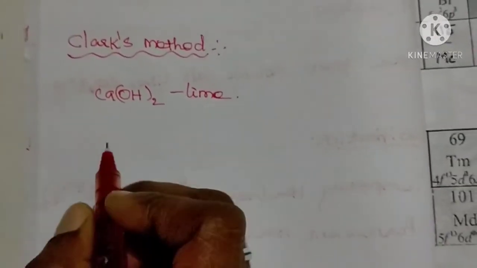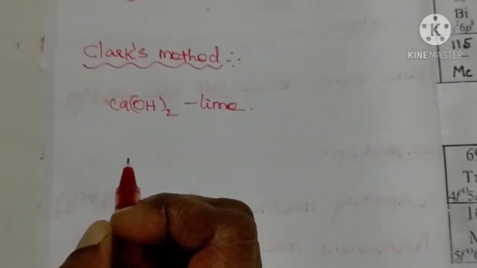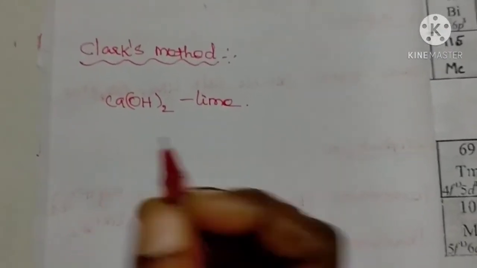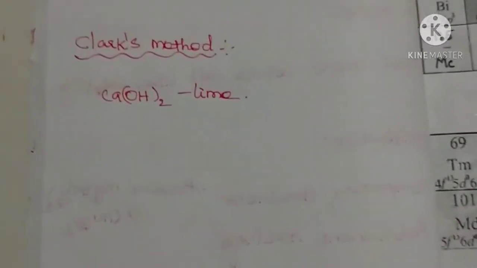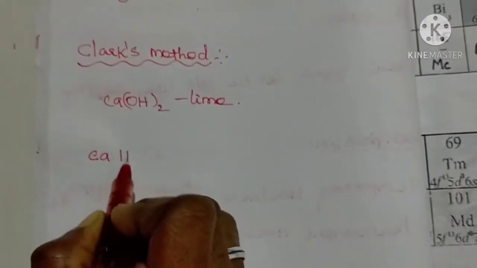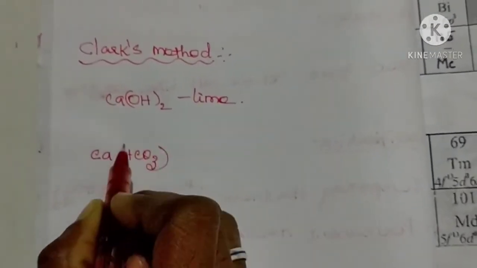So the calculated amount of lime is treated with the hardness of water. What is the hardness of water? Calcium bicarbonate and magnesium bicarbonate in the temporary hardness.